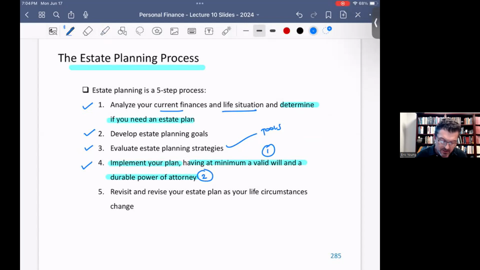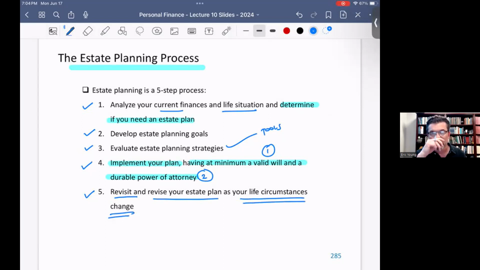Congratulations. But there is a fifth step, as there is in any personal financial process, and that is you must revisit and revise your plan. I would suggest that you revisit it annually to make sure that everything is still appropriate. At minimum, though, you're going to revisit and revise your estate plan anytime your life circumstances change.